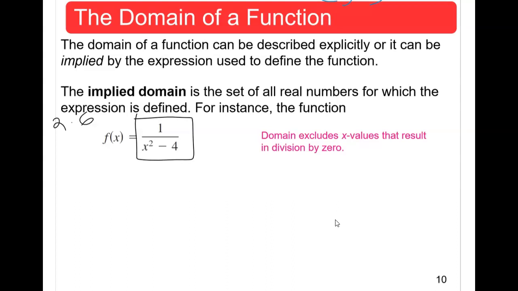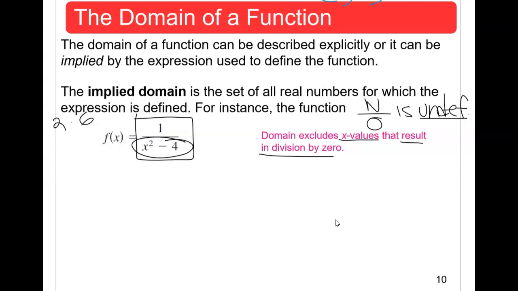Now, just like we covered before, we cannot divide by 0 because we will get an undefined answer. The same thing applies to functions. So from the domain, remember I said it was going to be a little more restricted than all real numbers. We have to find those x values that will result in a division by 0, because we don't want to get an undefined solution.